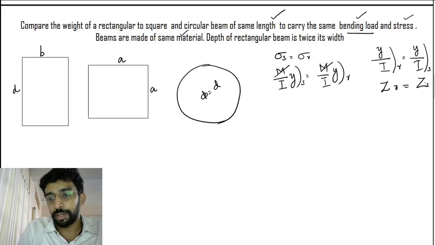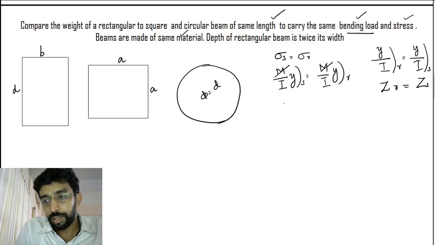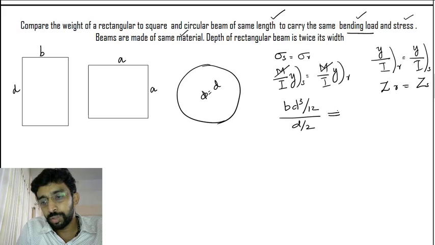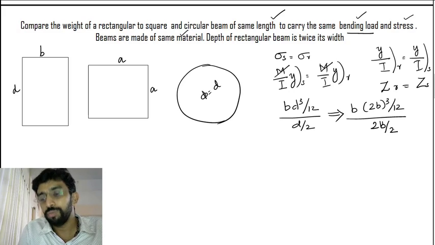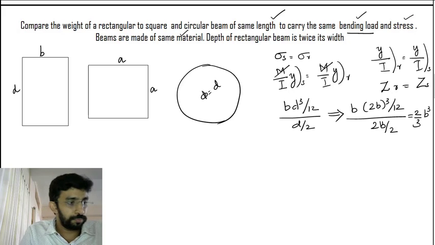So let us compare these two. The I value of the rectangle is b d cubed by 12 divided by d by 2. With d equal to 2b, this gives b into (2b) cubed by 12 divided by 2b by 2, so this gives the value as 2 by 3 of b cubed.